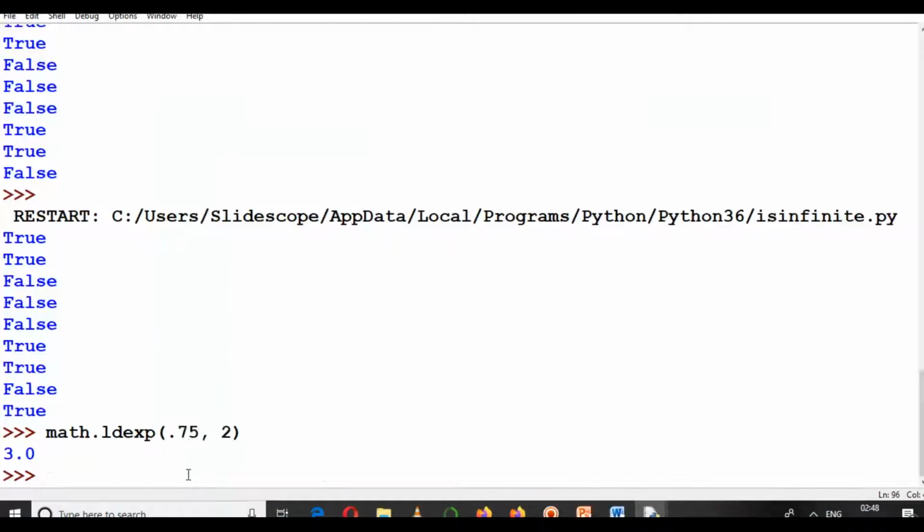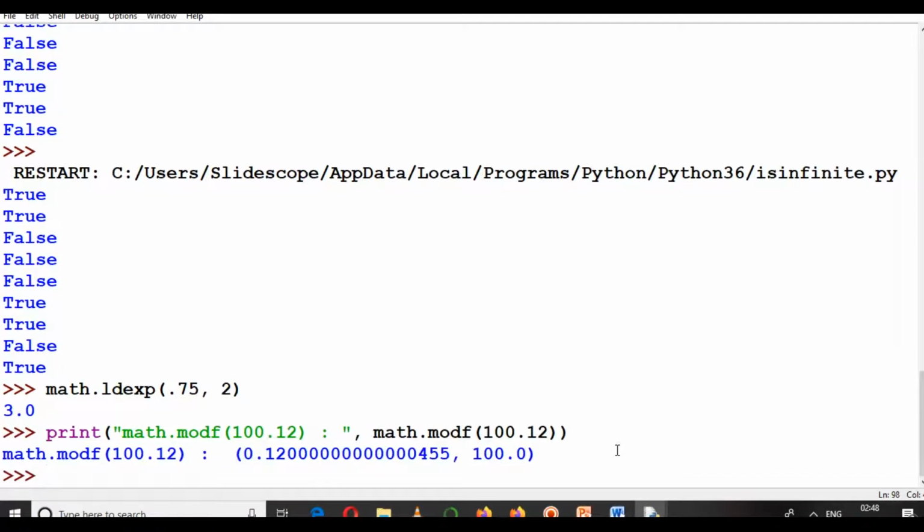So we can take an example here. We have to print math.modf(100.12). So we have to break this number into fraction and integer. So you will get math.modf(100.12) is 0.12 and some values there, and then 100. Let's take another example.